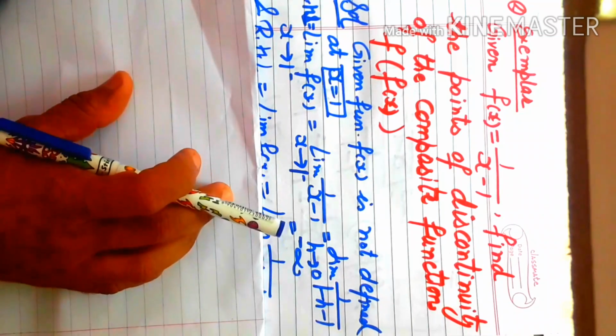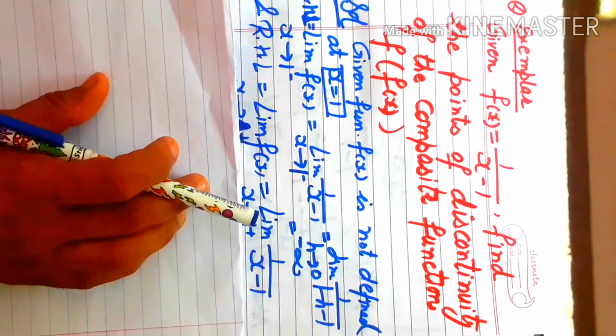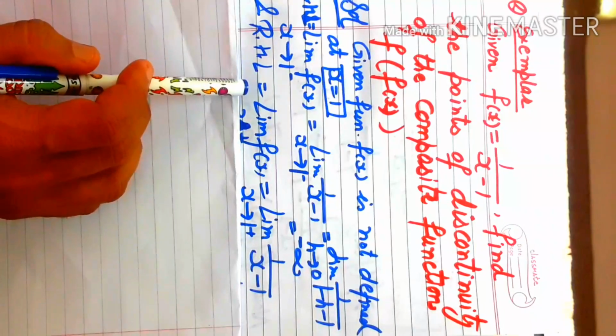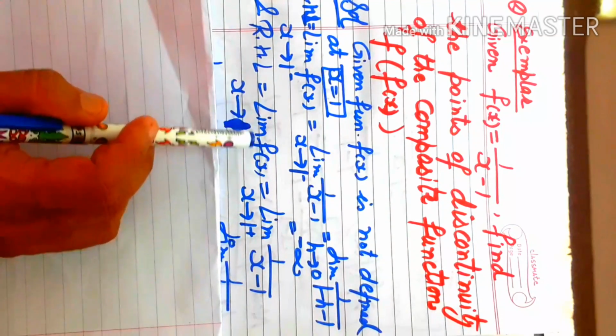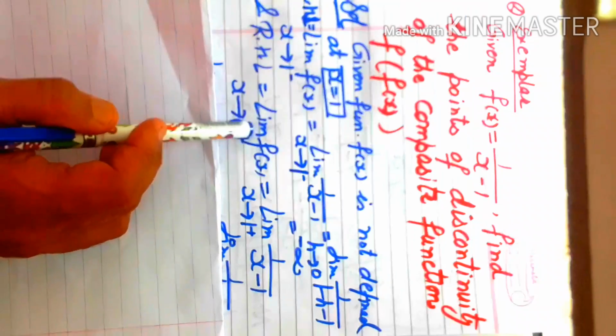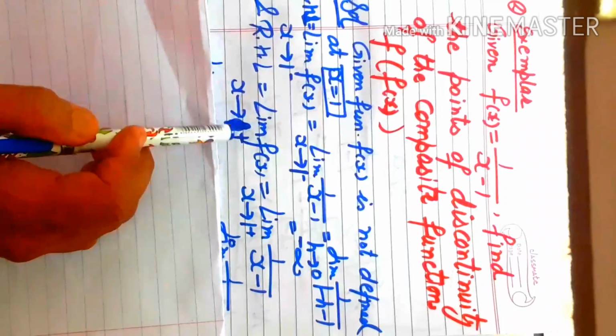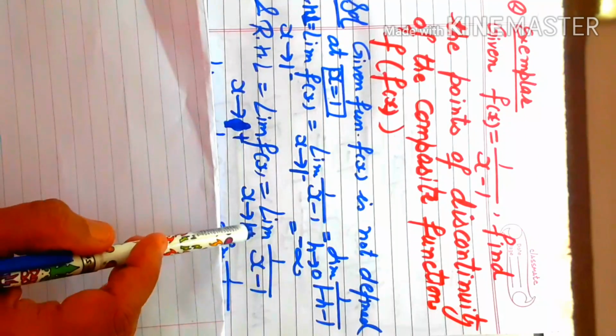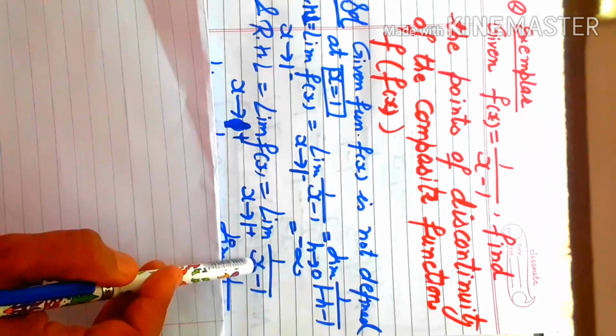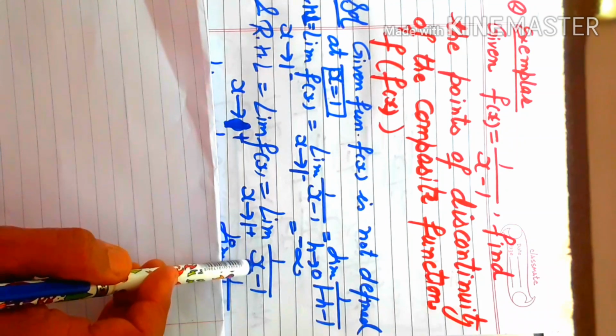So left hand limit is minus infinity, and what about the right hand limit? Let's check. The limit of the function as x approaches 1 positive. We are going to replace x with 1 plus h.